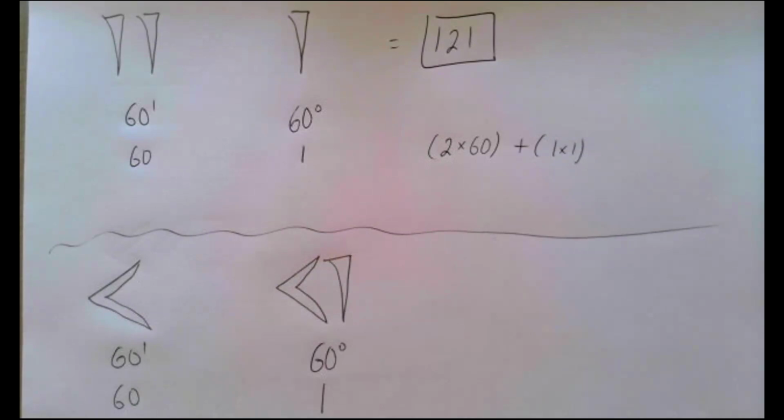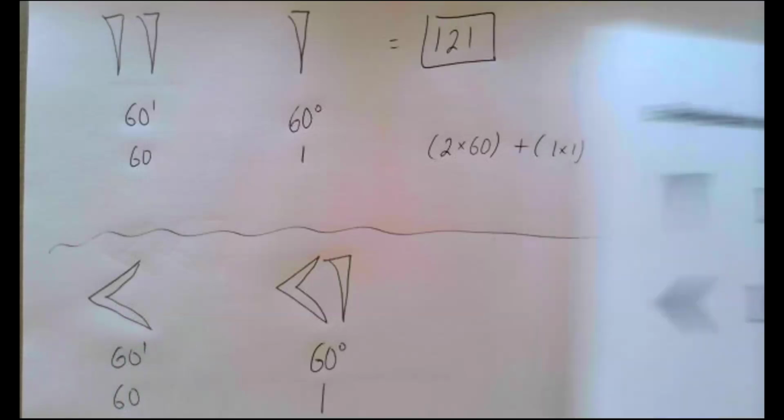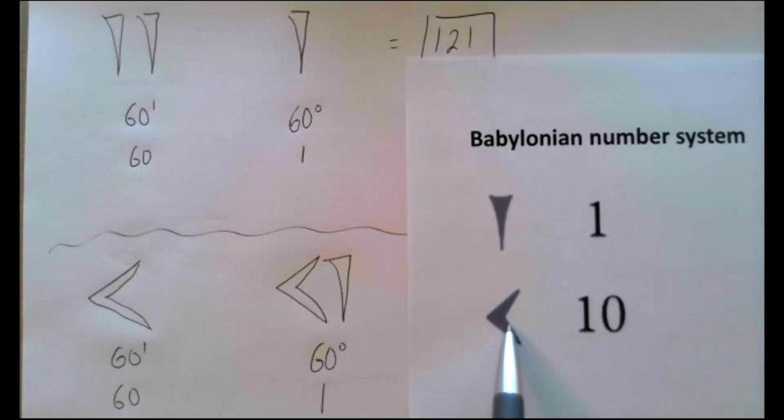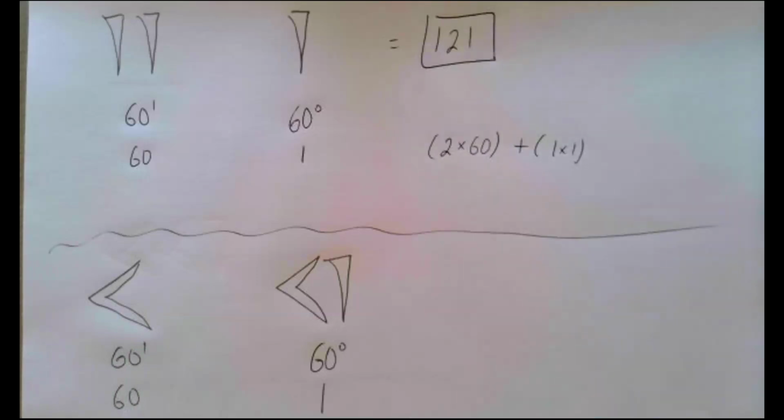The Babylonians were not. They were a base 60 number system. Okay. So what this means is I have this many sets of 1 and I have this many sets of 60. Okay. But remember, these are 10s and those are 1s, right? And so this means I have 11 sets of 1, then I have 10 sets of 60.